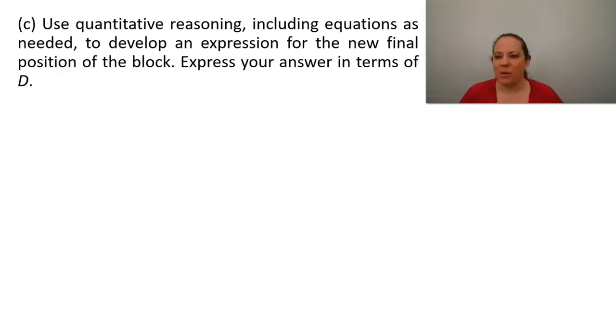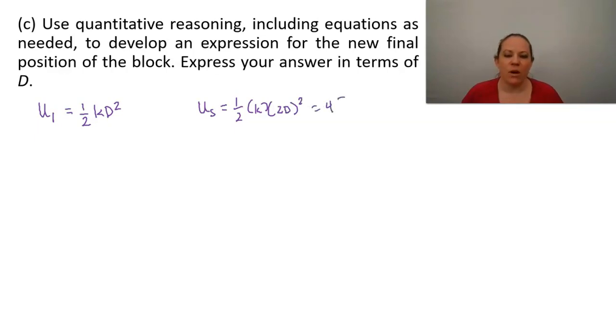So, where do we want to start? We're going to go side by side and do a comparison for the initial situation. So, its elastic potential energy will be 1/2 k d squared. And then let's compare that to the new situation where we have an elastic potential energy of 1/2 times k times 2d quantity squared, which gives us 4 times 1/2 k d squared.